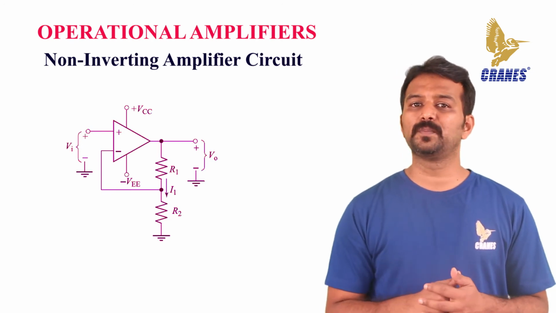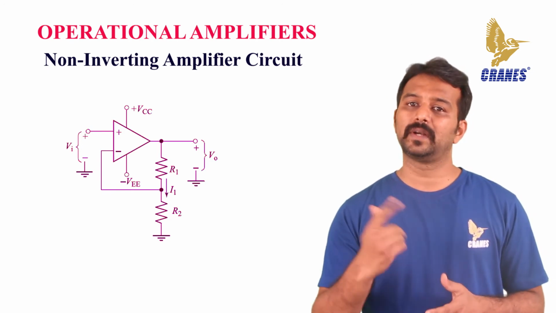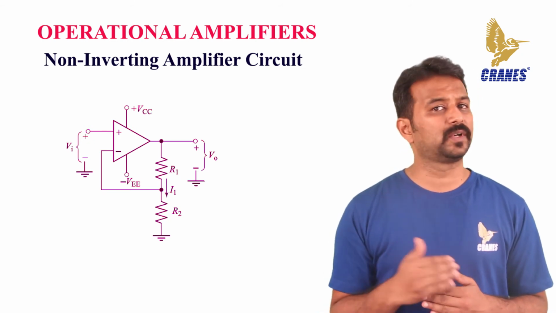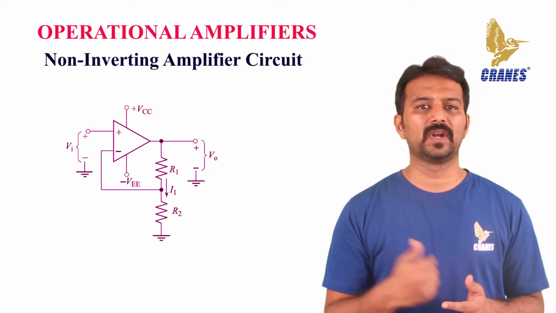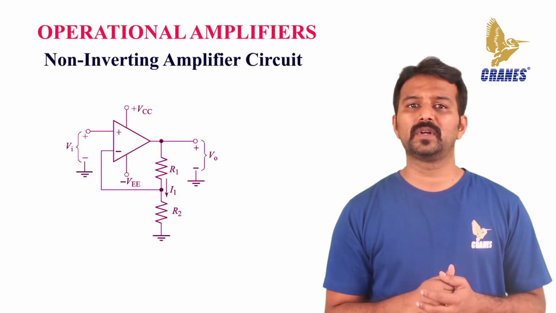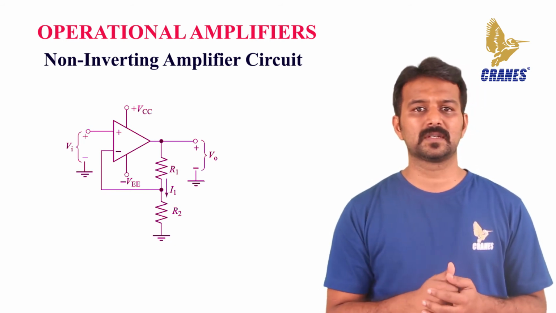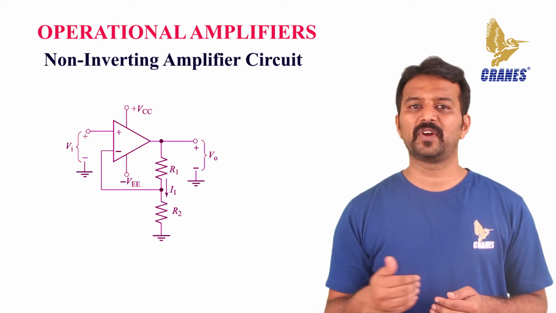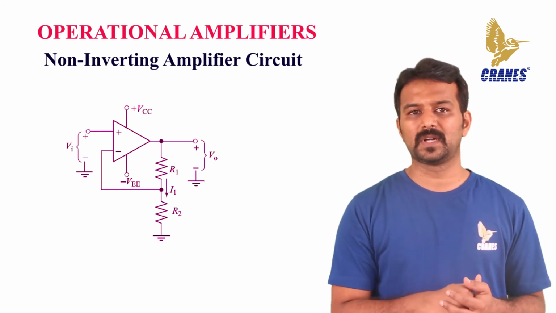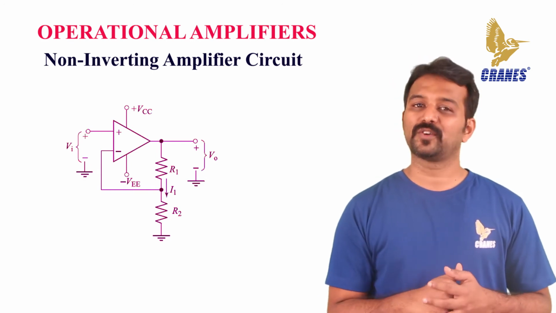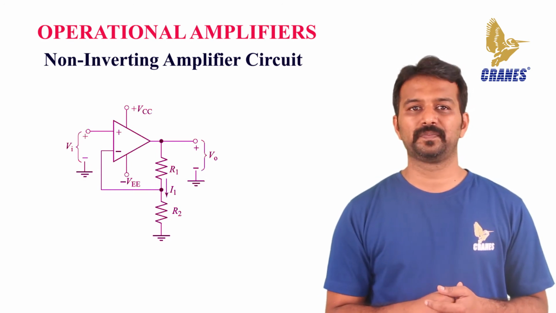When the non-inverting input is connected to the ground, that is Vin equal to 0, the voltage at the inverting input terminal must also be at ground level. If not, any voltage difference between the input terminals would be amplified to move the inverting input terminal back to the ground level because of the concept of the virtual ground.